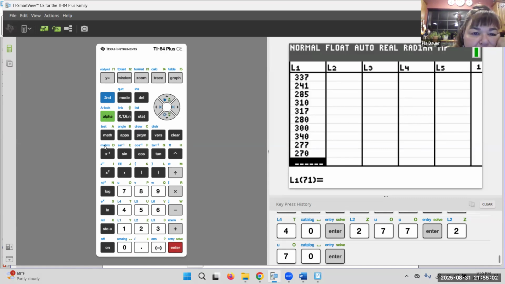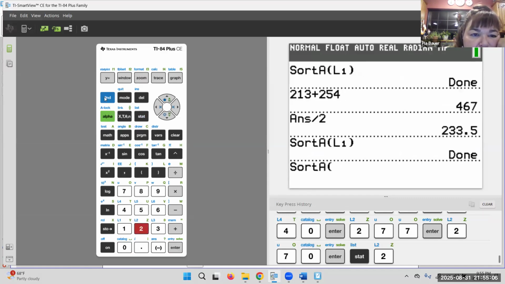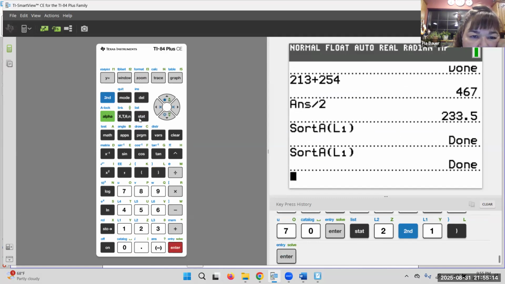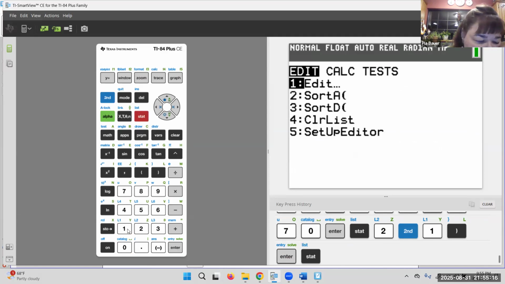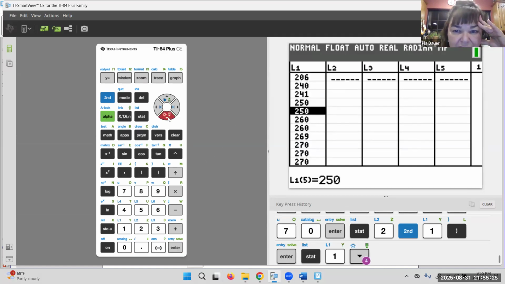Press enter. Okay, so I'm going to sort them. So stat, sort, second and one for L1, close parentheses, press enter, and go back and edit. So I have 250, and remember I had counted 5 for some of them.